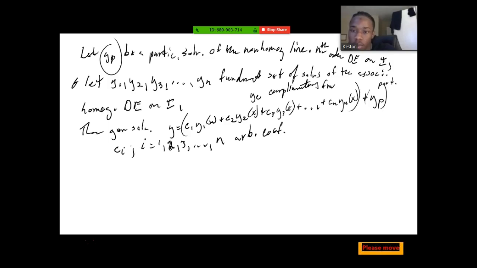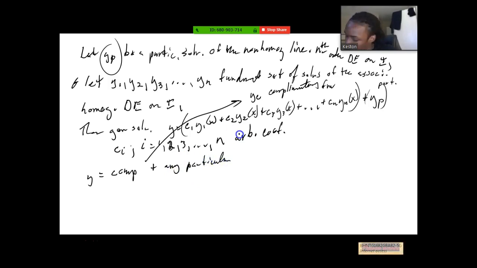That's what we'll be focusing on next. So the general solution is your complementary function, y sub c, plus any particular solution. You can have several of them. So this is basically y sub c plus y sub p.